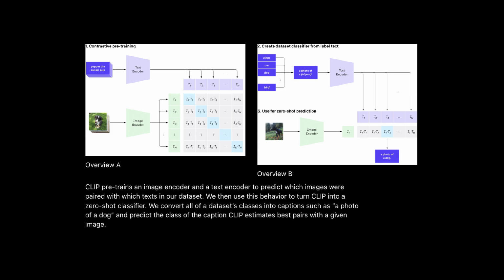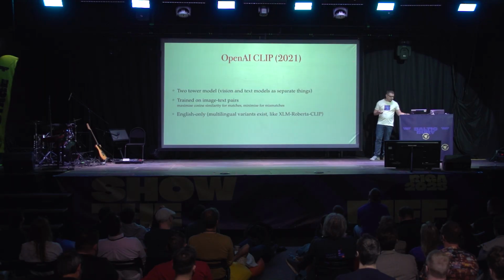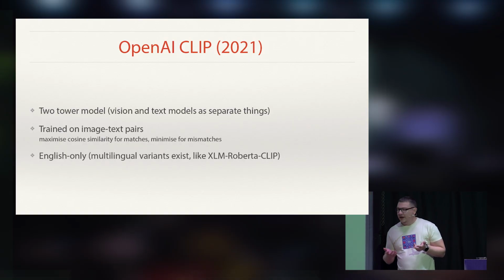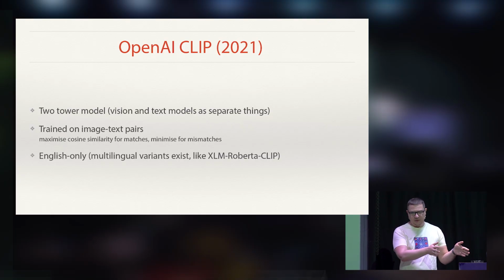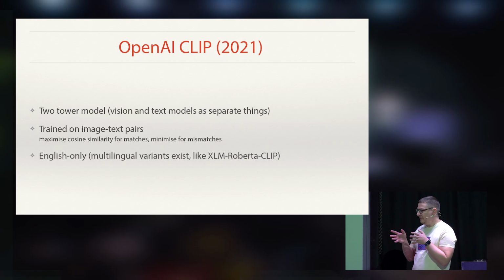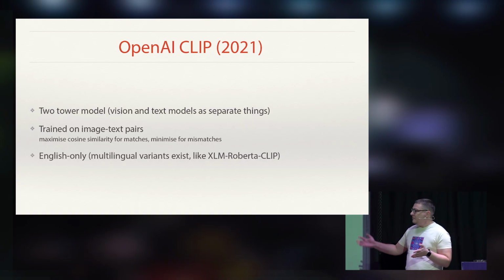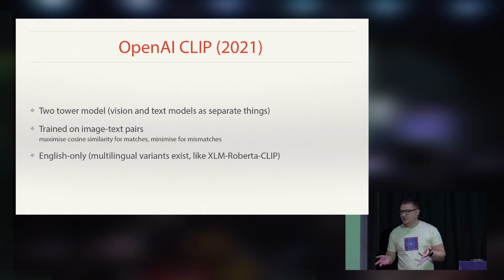If something is a description for a different image, it should be very dissimilar. This naive approach works quite well, and they published the entire model. It's a 2-tower model, which is a fancy way of saying there is a separate model to embed descriptions and a separate model to embed images. It was trained on image pairs, and it's English only because they only used English described images in the training set.